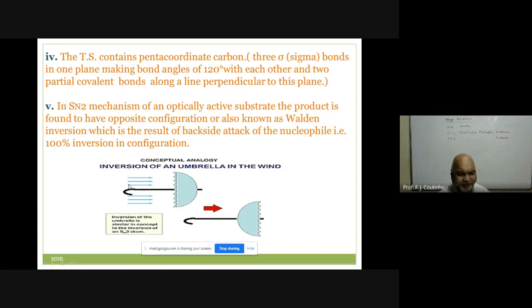But if you make it perpendicular to the body and there is a strong wind, this umbrella will get inverted in this fashion. The wind is flowing from left to right, and you will see the umbrella has become 100% inverted. This is known as inversion of configuration in simple language. So these important aspects are there.